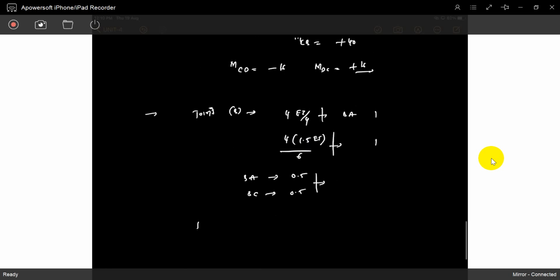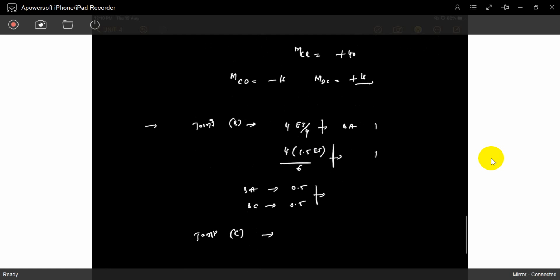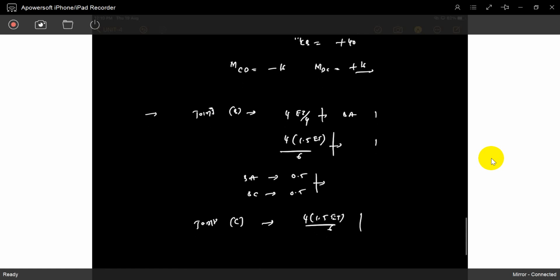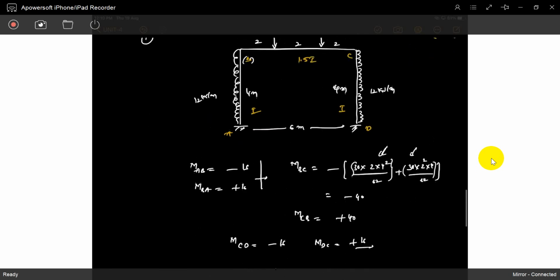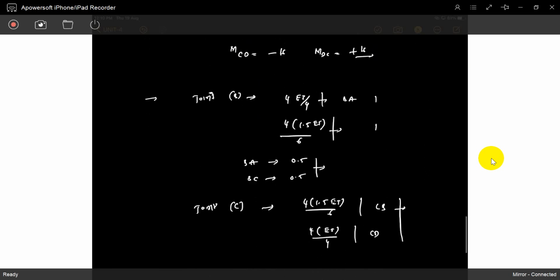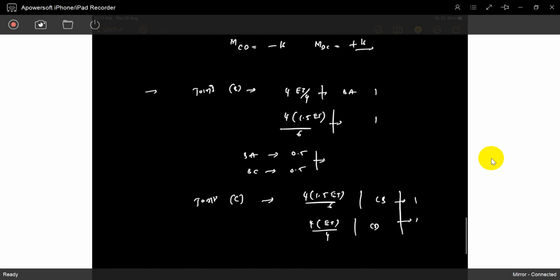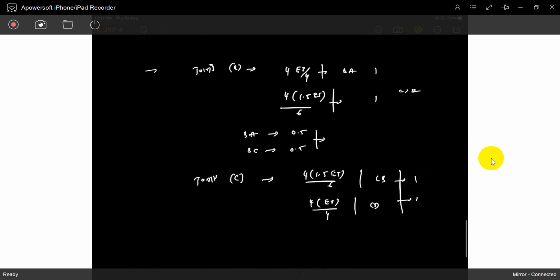For joint C also, CB is 1.5 EI by 6, and CD is 4 EI by 4. This also has the same 1. So total is 2, 1 by 2 is 0.5. So CB is 0.5, CD is also 0.5.